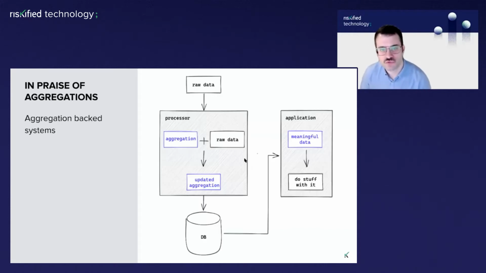But what else could we do? What is another approach that doesn't do everything in runtime? When we talk about aggregation-backed systems, what we're basically talking about is a system in which there is a separation between the data that the end user is consuming in the application and how it's created.